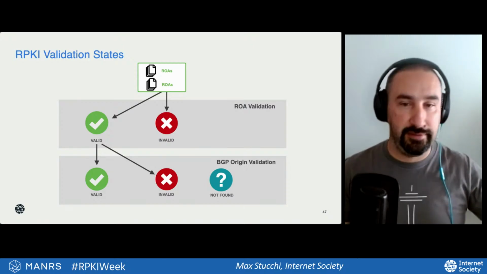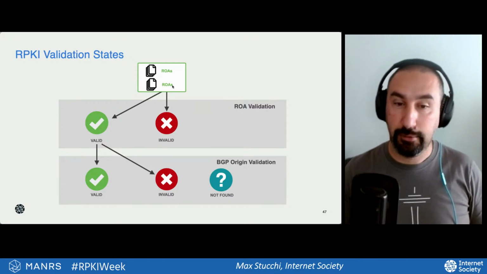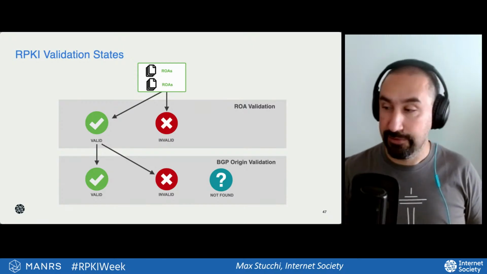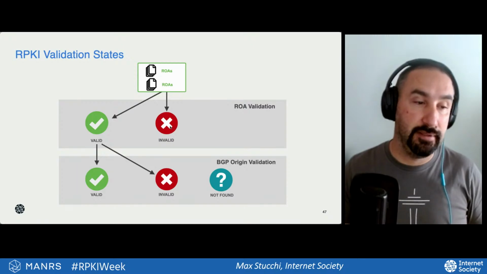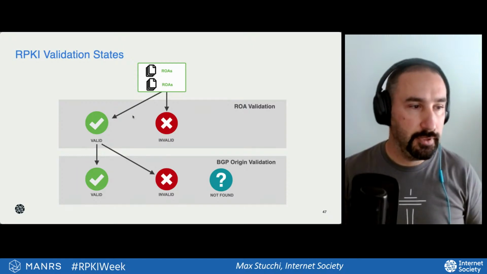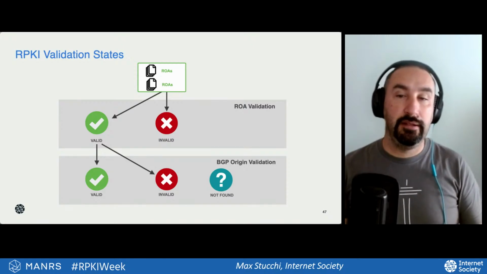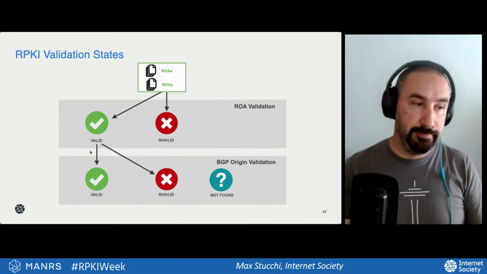Everything's fine. They're considered valid. If there's anything wrong with their certificate, with their signatures, anything, they become invalid and they stop here. So they are not shown in the validated cache. But when they're considered valid, they become part of the BGP origin validation process.